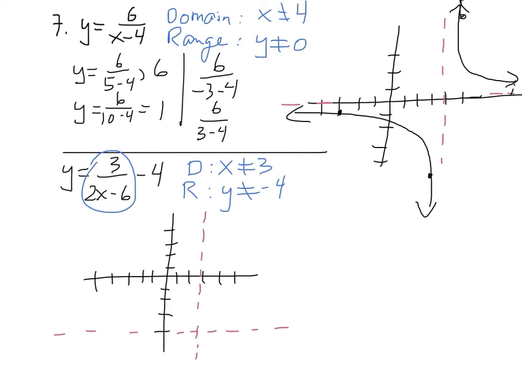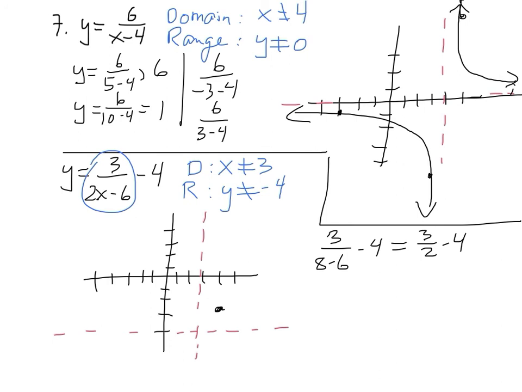But let's plug in 4 for x, which would be 3 over 2 times 4 is 8, minus 6, minus 4. So that would be 3 over 2, minus 4. So it's going to be negative 2.5. So 4, negative 2.5 is going to be around here.